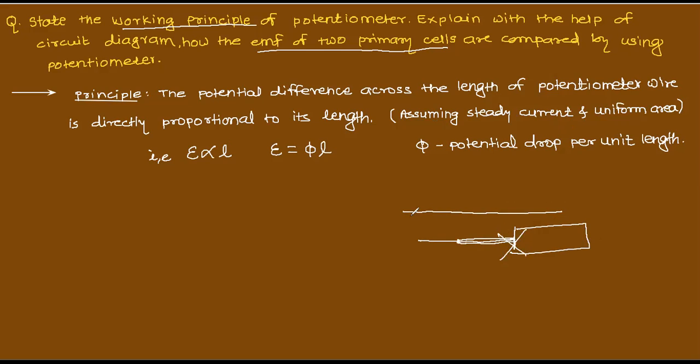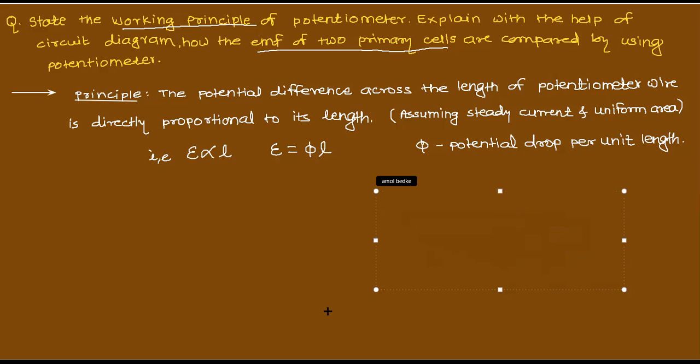This is not allowed, so the wire should be uniform. And current should flow constant only. Otherwise, here it is I, here 2I, and here 3I, which is not allowed. So assuming steady current and uniform area of cross section, the potential difference across the wire is directly proportional to its length. This is your working principle of the potentiometer. Understand?